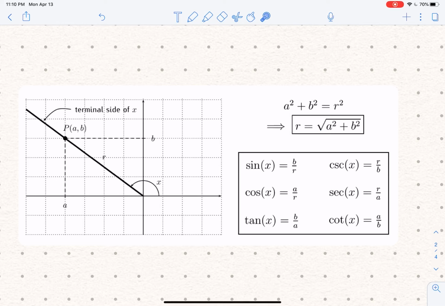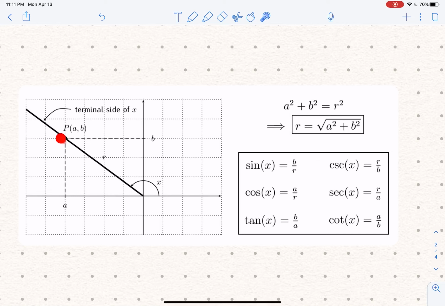So from these 3 numbers, the number r, the number a, and the number b, and I think of them in a triangle here, I think of r as the hypotenuse, a is like the bottom, and b is like the left-hand side. Although, of course, a and b could be negative. That's the thing to keep in your head. We define the trig functions as follows. For this angle x, the sine of x is equal to b divided by r.